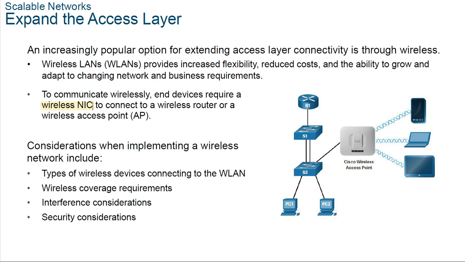However, there are some considerations you need to take into account before you implement the wireless network, which include the type of wireless device connecting to your wireless LAN. You need to consider it. Is it only personal ones, or only office-owned devices, or does your device have a specific operating system?